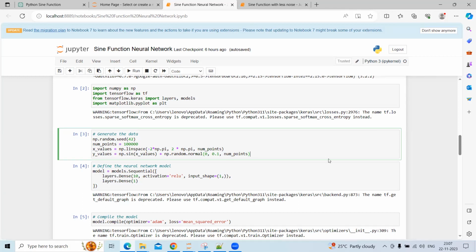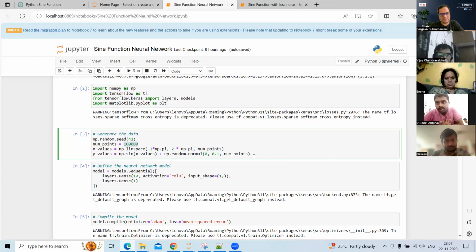Let's look into line 3. It's a good question. All of you should do this. So she's generating 100,000 data points. The next line, linspace, means line segment.